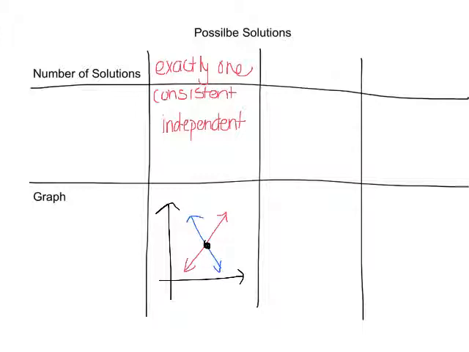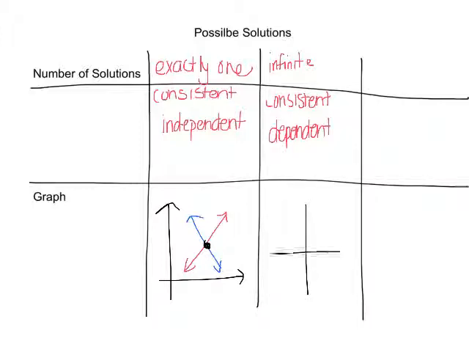Then we have a number of solutions. We could have an infinite amount of solutions, which means that I would have consistent and dependent. And then the graph of these two lines would actually be laying exactly on top of each other.